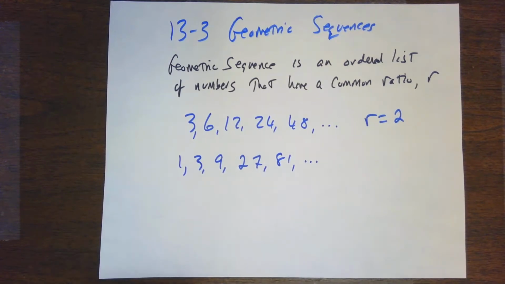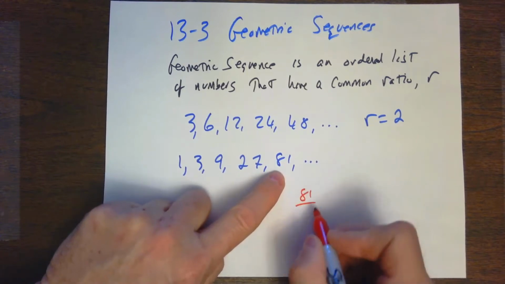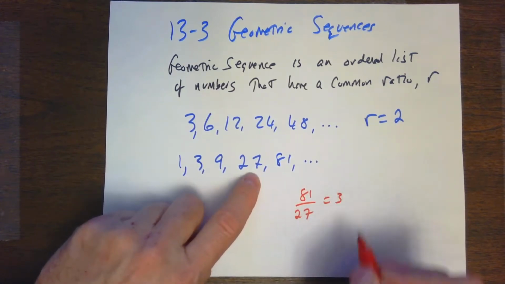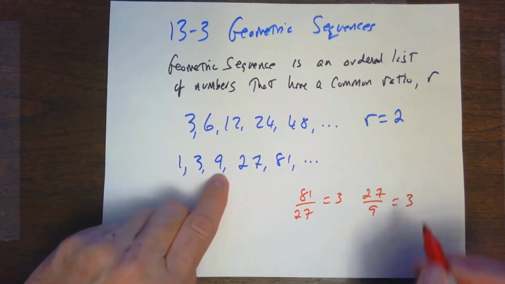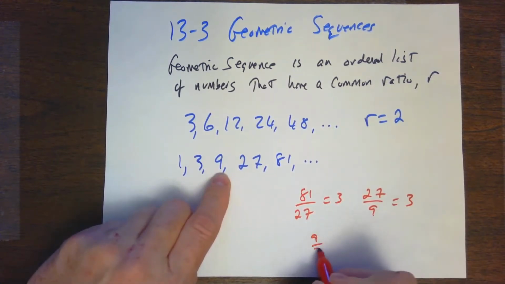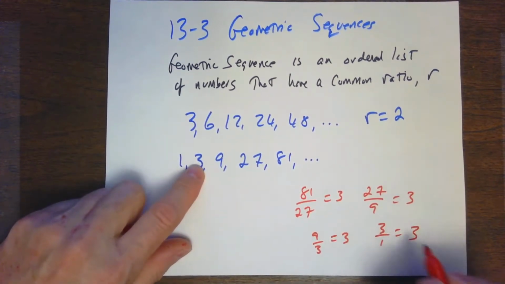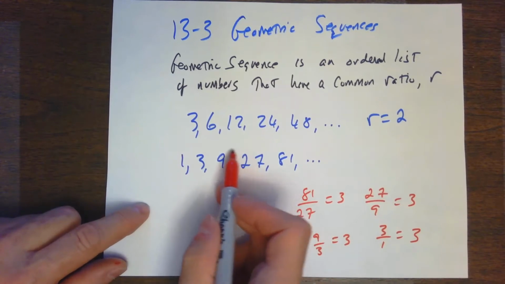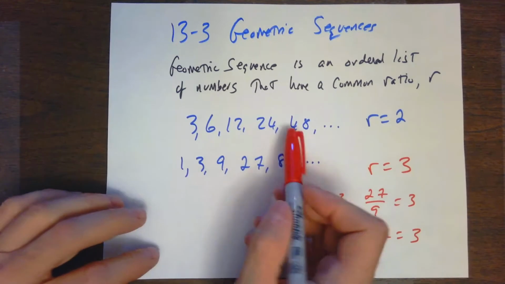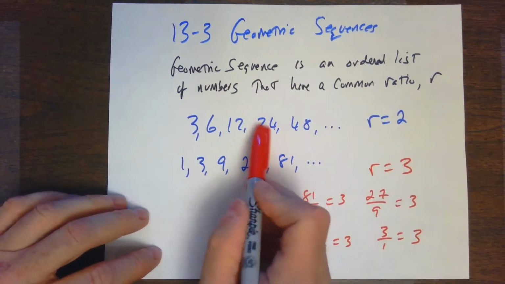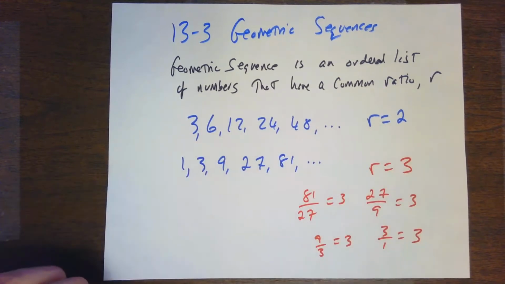If you take any term and divide it by the previous term, for example, 81 divided by 27 is 3. 27 divided by 9 is 3. 9 divided by 3 is 3. 3 divided by 1 is 3. If I take any term and divide it by the previous one, that is my ratio. 48 divided by 24 is 2. 24 divided by 12, 2. 12 divided by 6, 2. 6 divided by 3, 2.